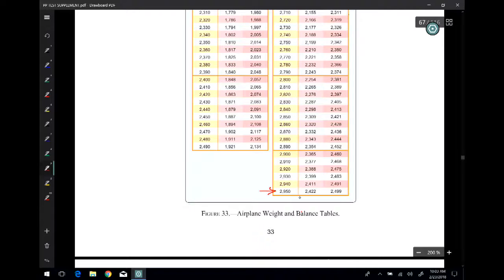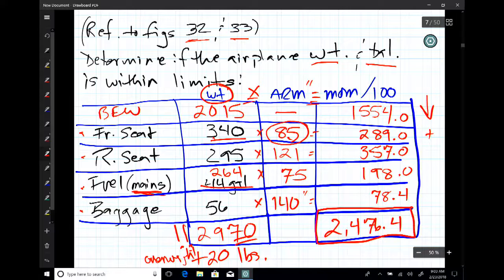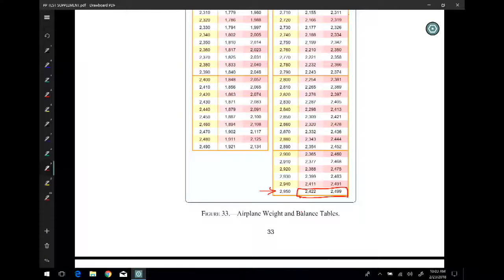Let's take a look at the moment that we have here. The range that we're given is 2,422 and 2,499. Does this number, 2,476, fall within those two numbers? How many of you said yes? Hopefully all of you.